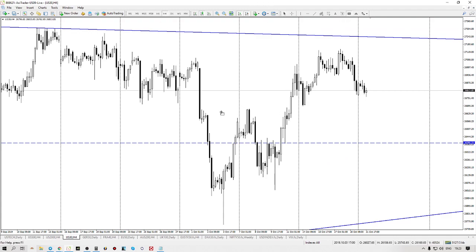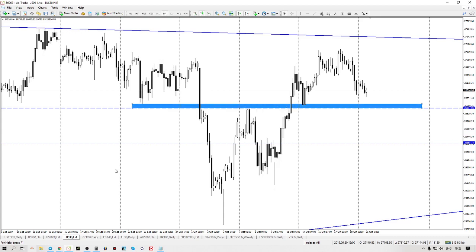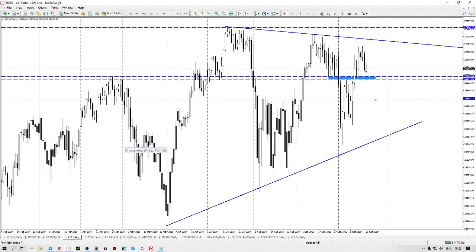Yes, here is some mirror level. It's better to say it's a mirror area because it is not a level. I will show you what is a really mirror level. It's an area. Yes, price can bounce from it, but as you see, it is inside of this triangle.